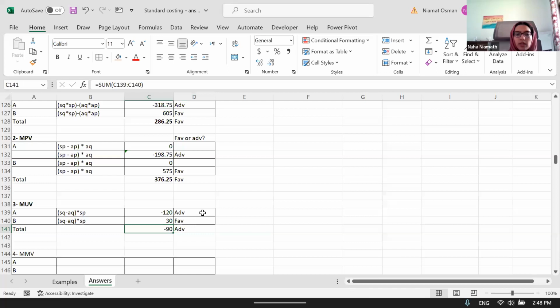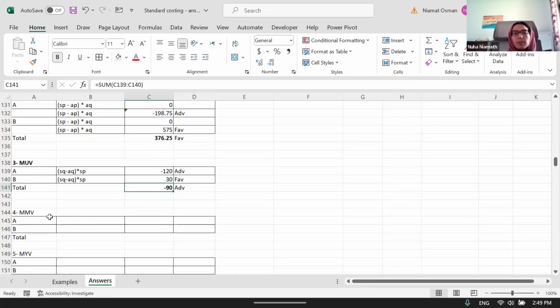Okay, perfect. Now we'll go to the main one, which is the material mix variance. Somebody tell me the concept of mix variance. It's the difference between which two? RSQ and AQ. Perfect.